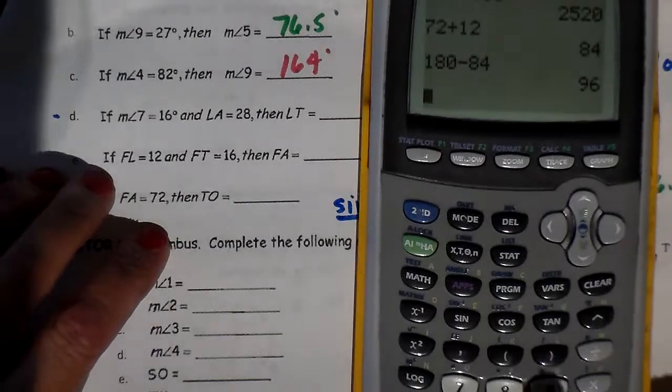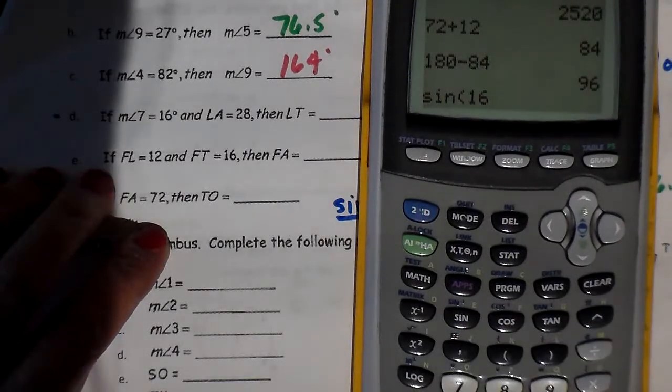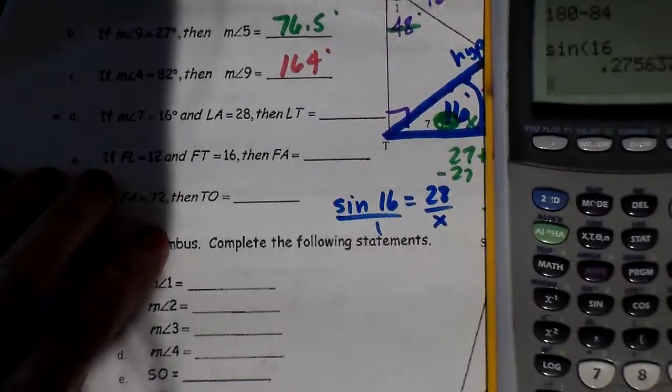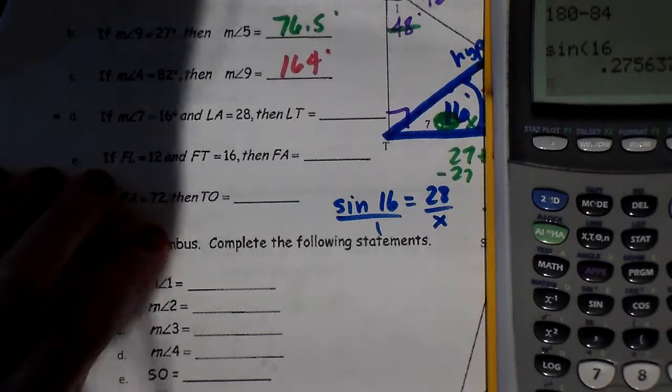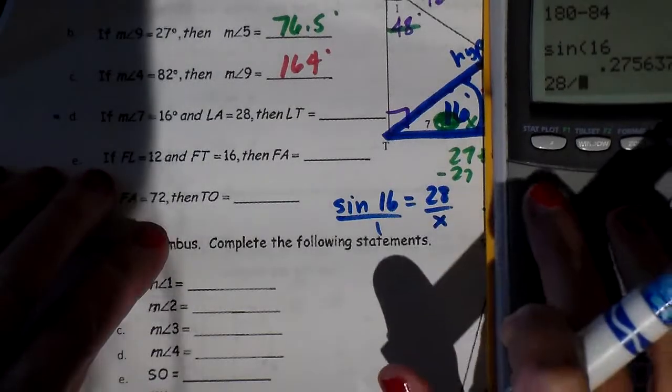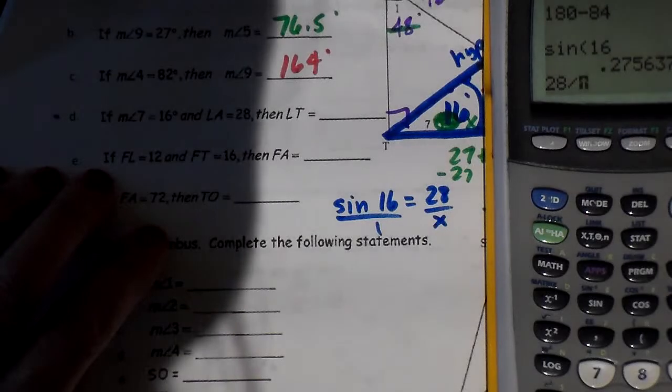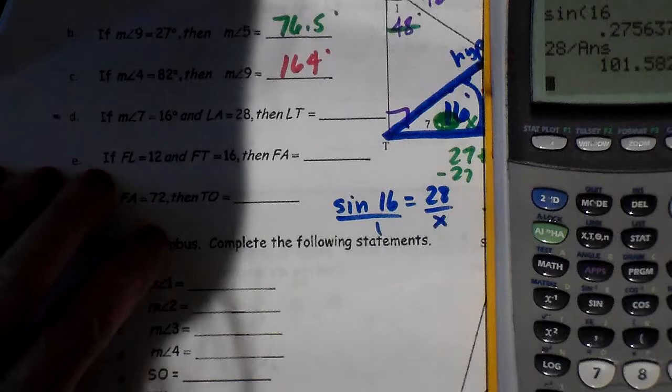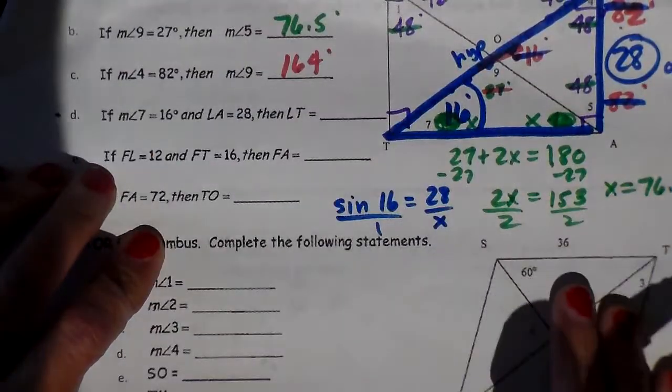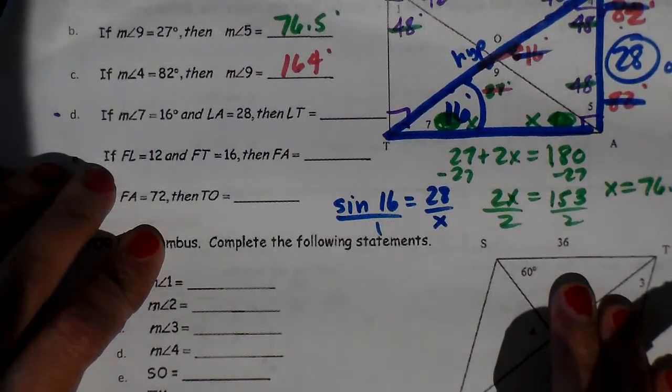So I'm going to do sine of 16, and then I'm going to do 28 divided by that. Oops, where'd it go? And I get 101.5.